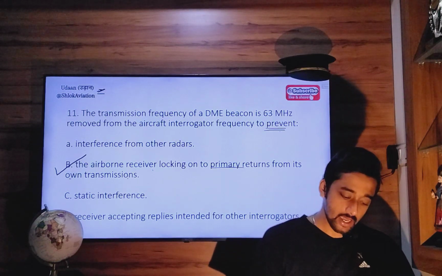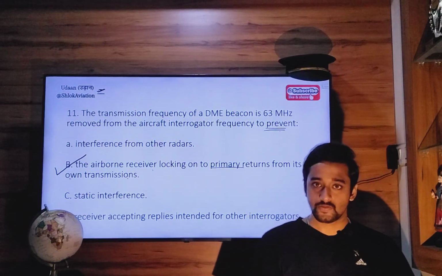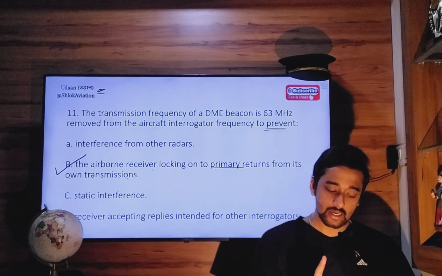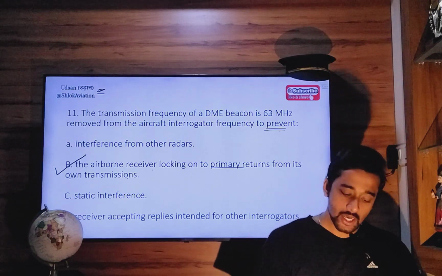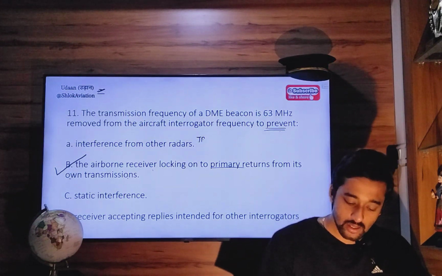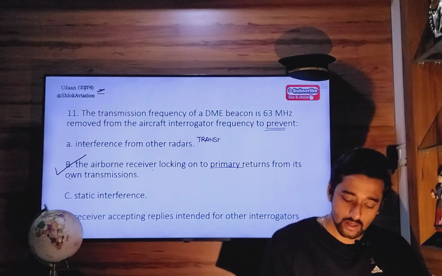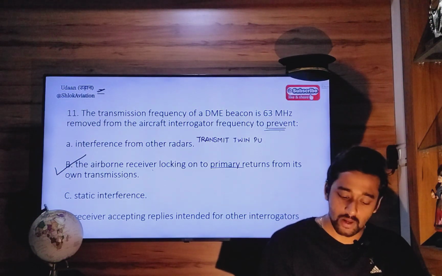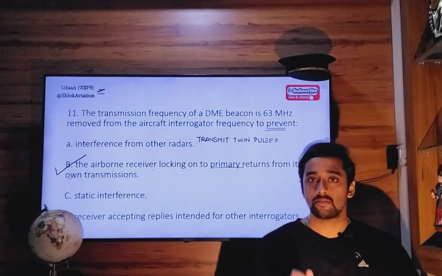Now option A, interference from other radars. In order to prevent interference from other radars, your DME will transmit twin pulses. Twin pulses are nothing but pulse pairs.